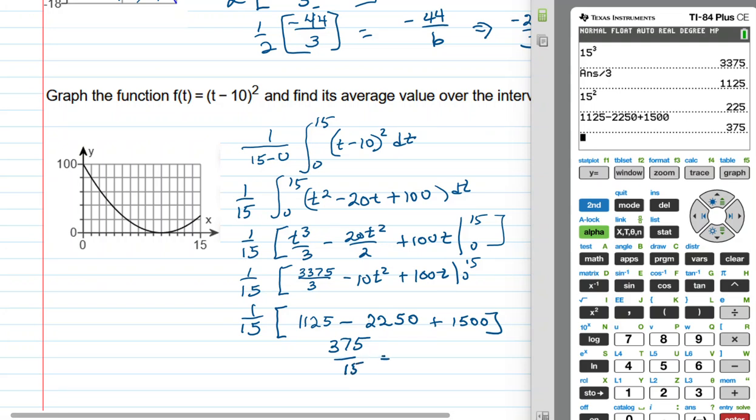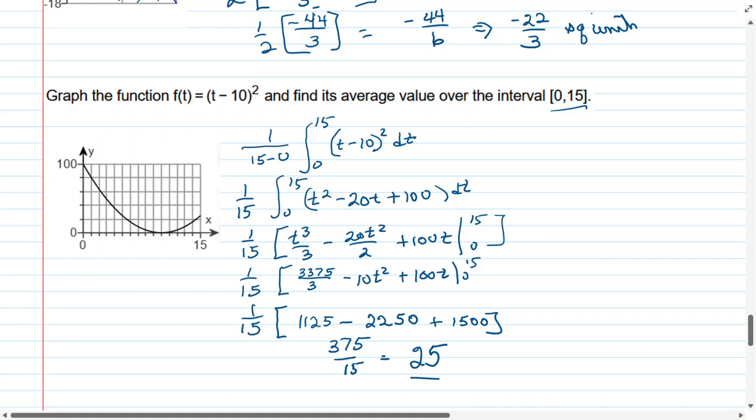End up with 25. Average is 25, or the average value. This is a specific. 25 is the average.